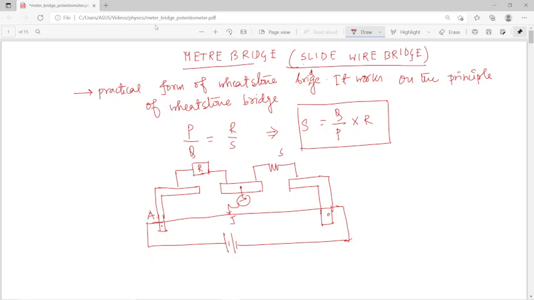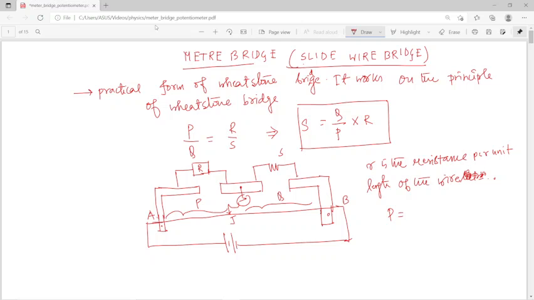If this is A and this is B, say the resistance between this is P, and the resistance between this is Q. If r is the resistance per unit length of the wire, and the distance I measure is L, then if the total is 100 cm, the rest is 100 minus L.